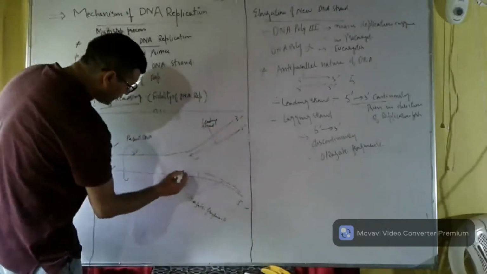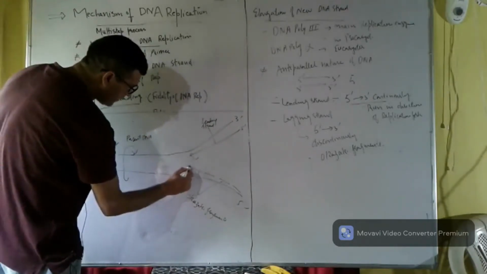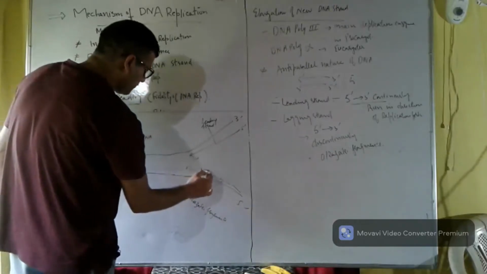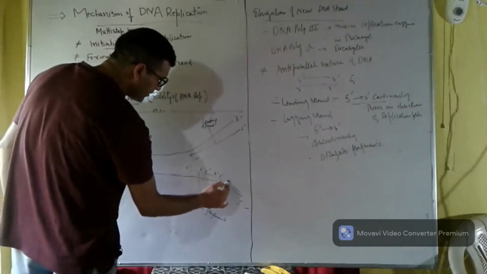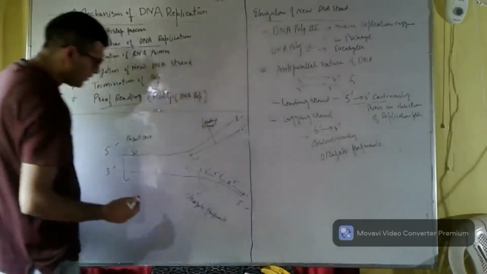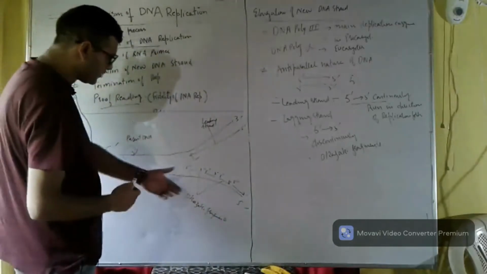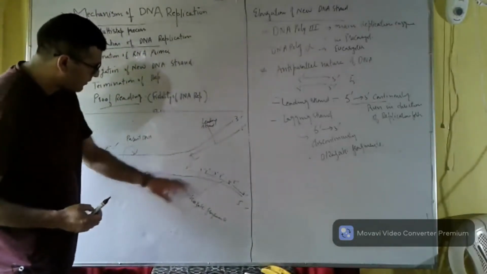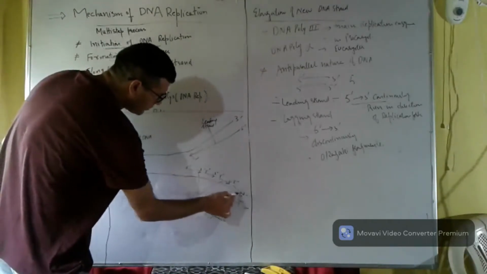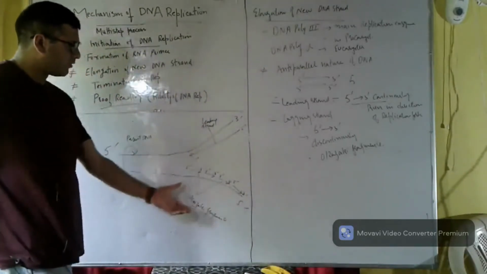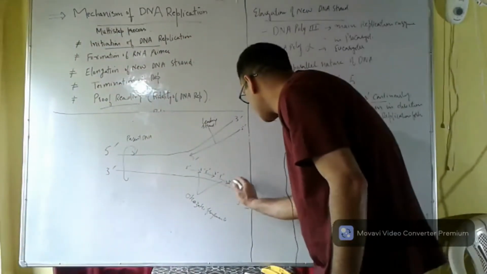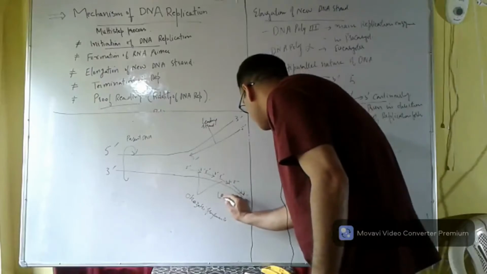Obviously, these are 5' to 3', 5' to 3', 5' to 3'. They are synthesized in short segments and discontinuously, and are known as Okazaki fragments. This strand is called the lagging strand.